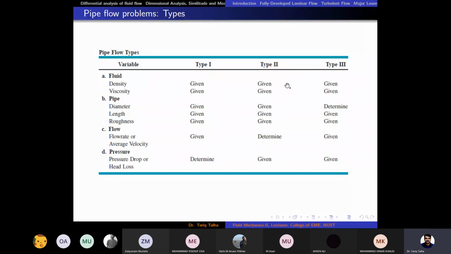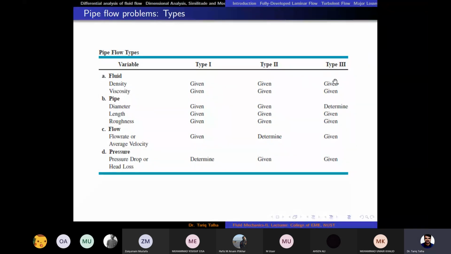Then in the second type of problem, we need to determine flow rate or average velocity, and all other parameters are given. And in the third type of problem, we need to determine the diameter of the pipe, which is required to satisfy all other flow conditions.